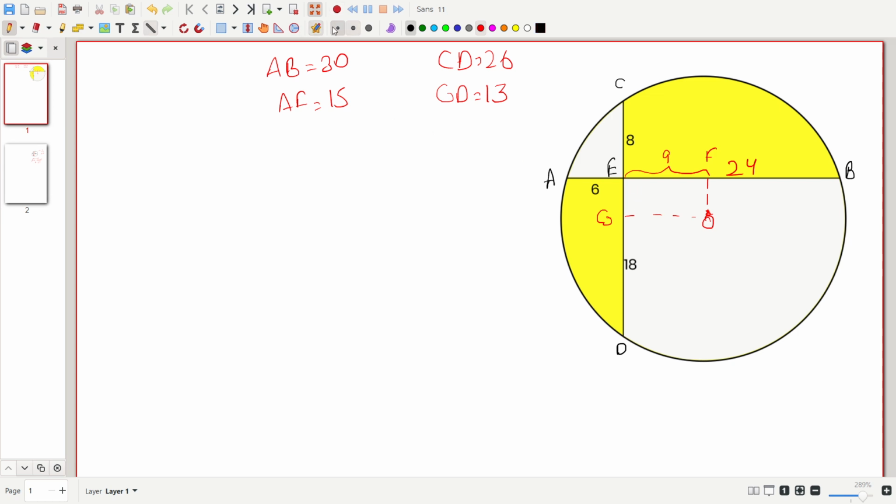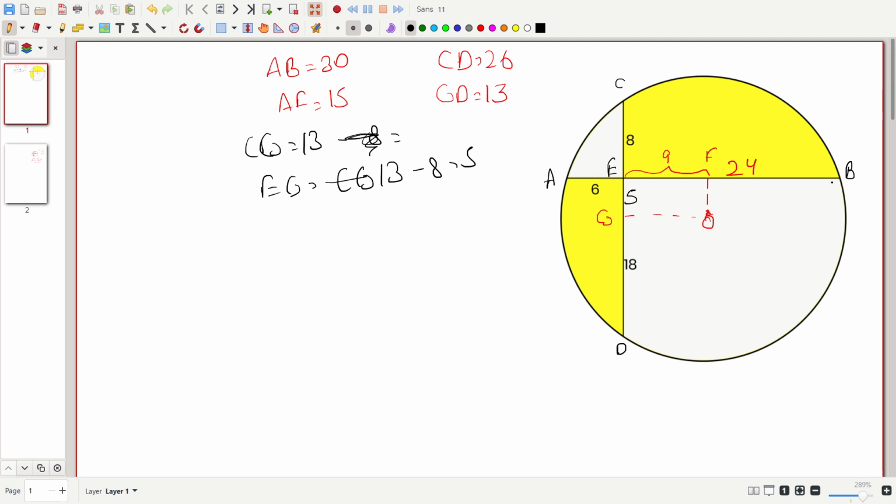Before I draw a line, I need to show something else. Here this is 9, and this length will be 13, because CG is 13, and EG will be CG minus 8, that is 13 minus 8, which is equal to 5.